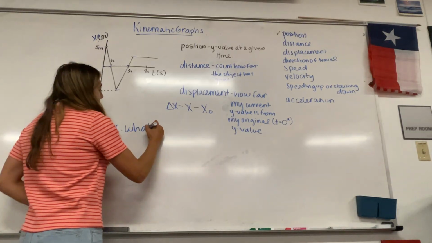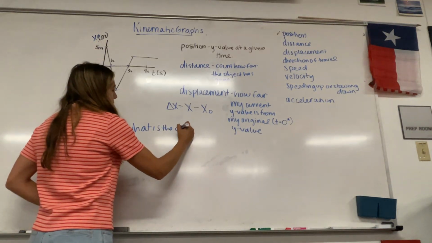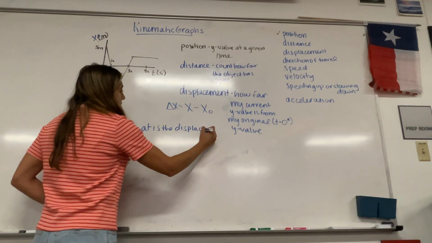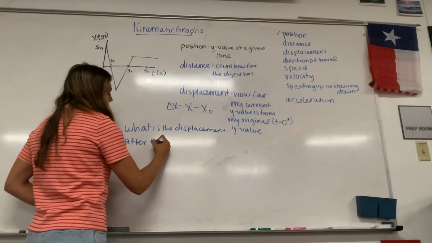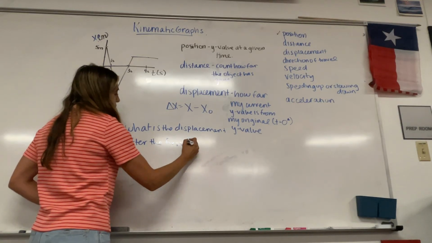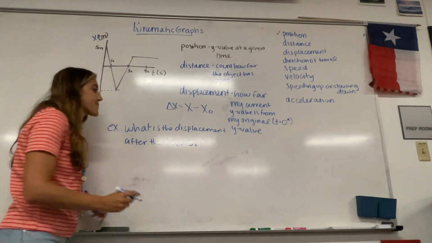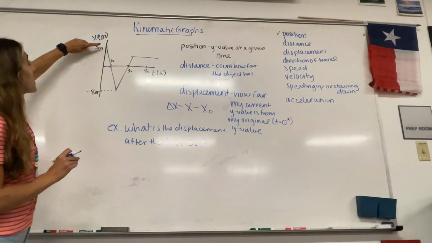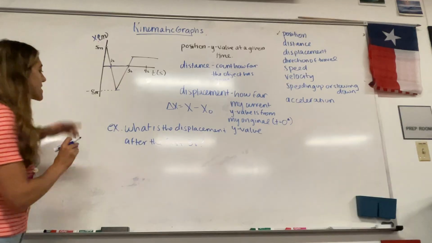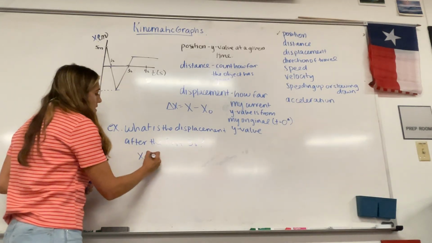What is the displacement after the first 3 seconds? So my initial position at 0 seconds is at 5. So my initial position is 5.